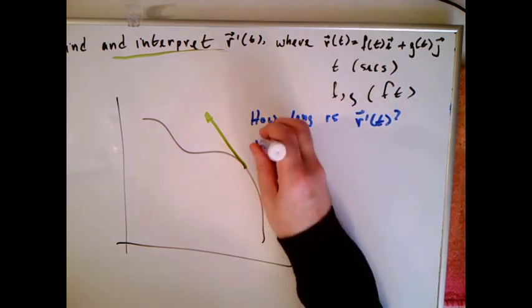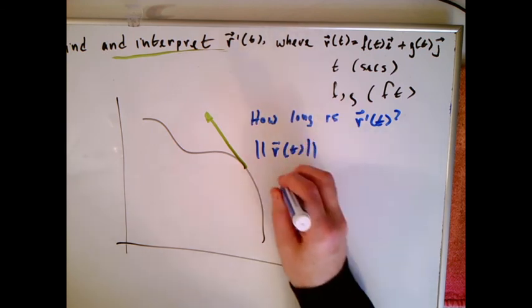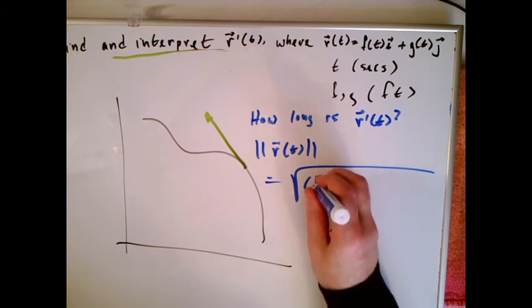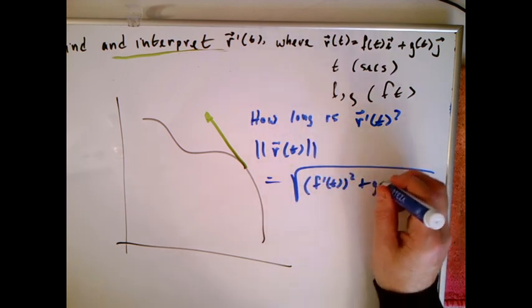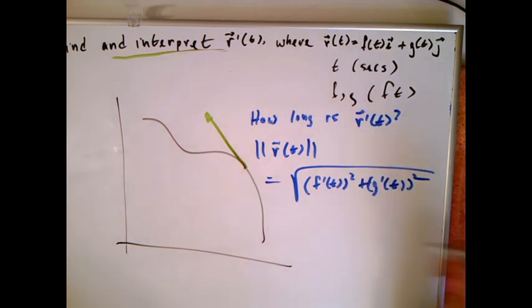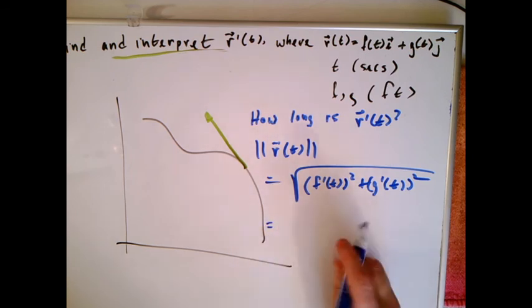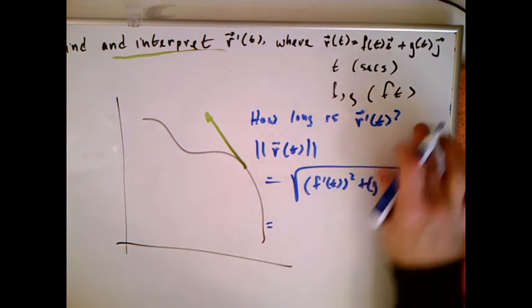Well, it is a vector. We know how to find lengths of vectors. It's going to be square root of f prime of t quantity squared plus g prime of t quantity squared. If there was a k, we'd just have another plus h prime of t quantity squared. But I want to look at the units. Remember, the units of f prime are feet. In fact, it is feet over seconds, right?